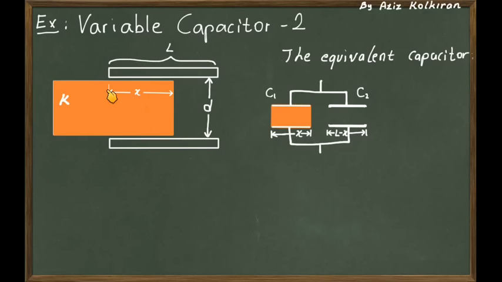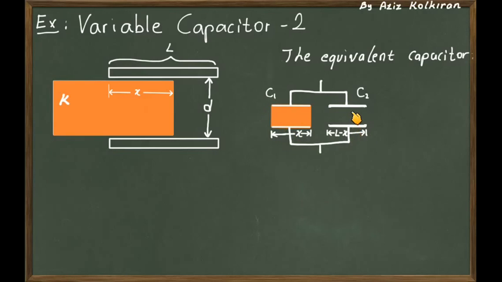If the lateral side of the dielectric is x, then on one hand we have a capacitor which has a side of x in this direction and L in the normal direction as the rectangular plates, and it is all filled with this dielectric material K. The first capacitor will have the surface area x times L.